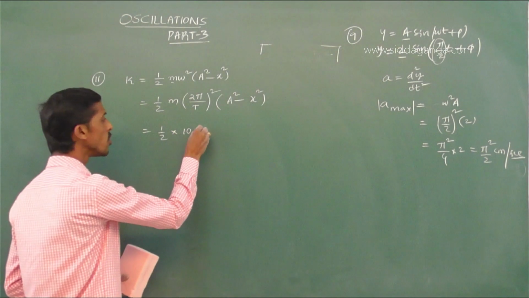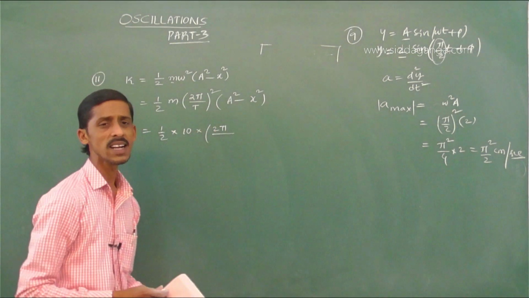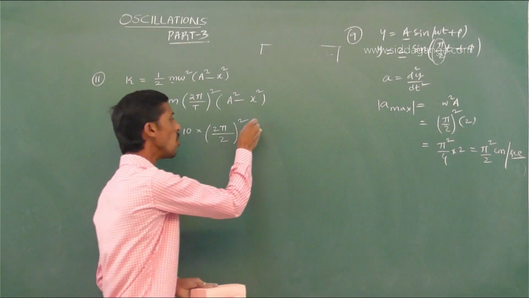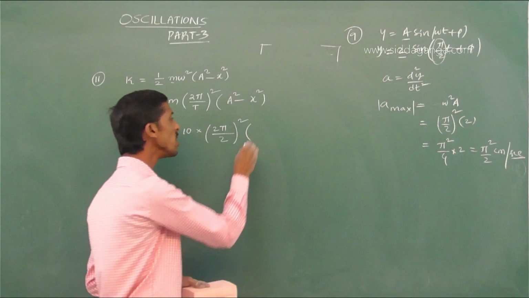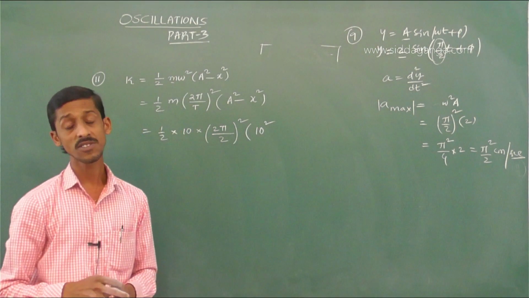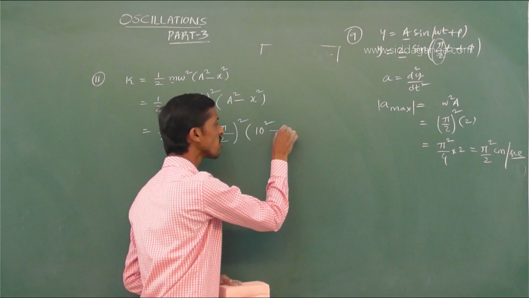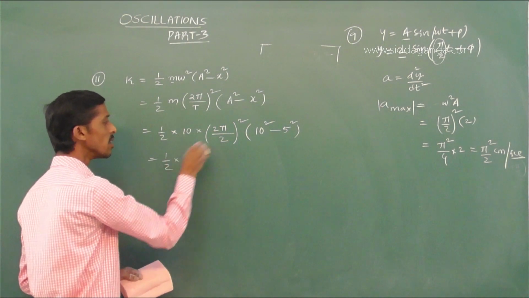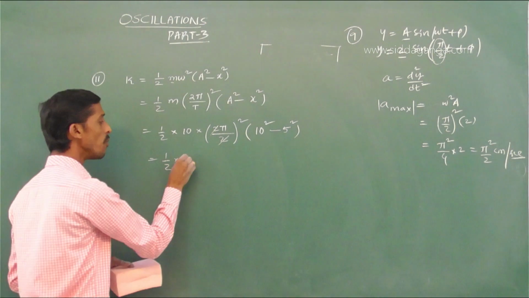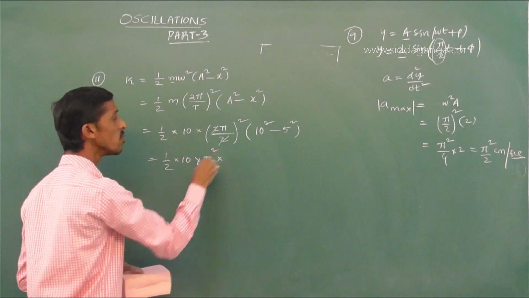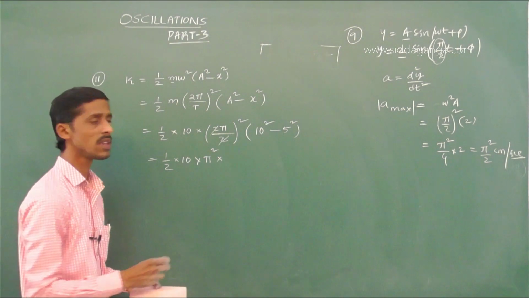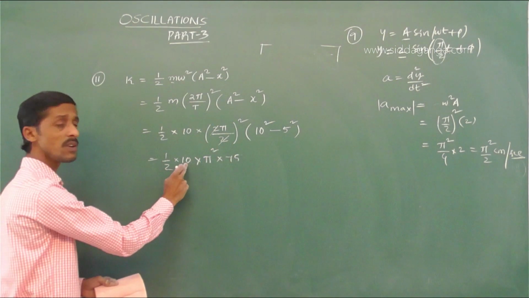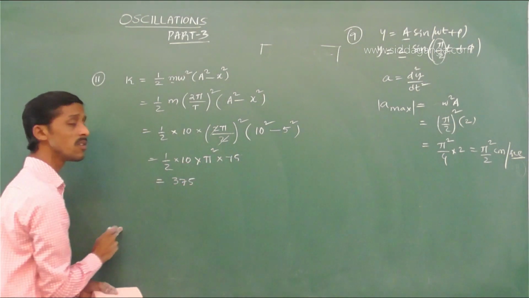Half into 10 into 2 pi by T, where the time period is 2 seconds, so 2 pi by 2, squared, into 10 square minus 5 square, that is 100 minus 25, which is 75. So here the 2 gets cancelled: pi square into 75 tens are 750, and half of 750 is 375.